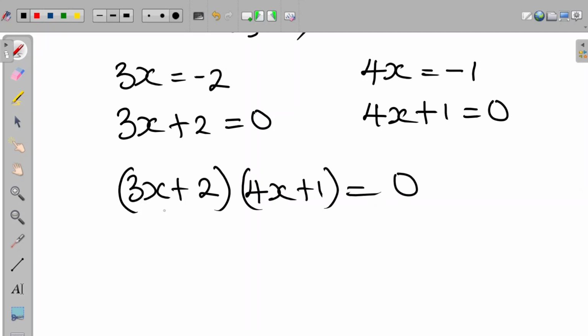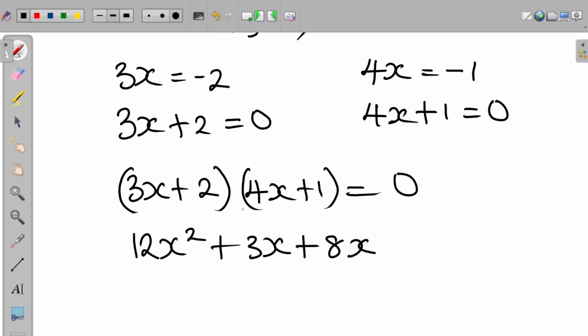Now we have to expand our bracket. If we do that, we have that 3x times 4x is giving us 12x squared, and also 3x times 1 is 3x, 2 times 4x is giving us 8x, and 2 times 1 is giving us 2, which is equal to 0.